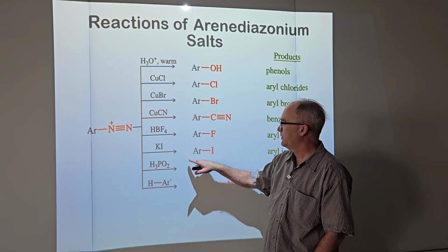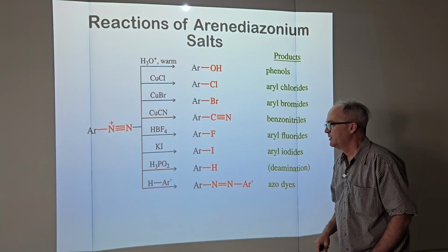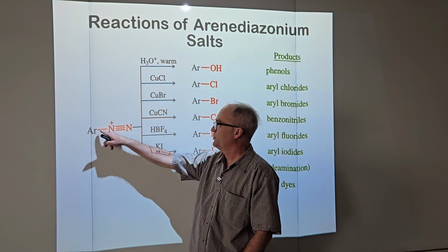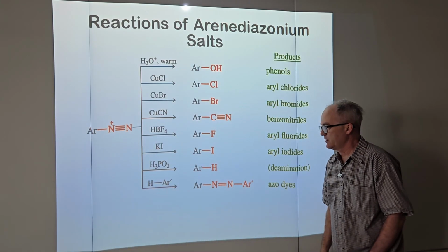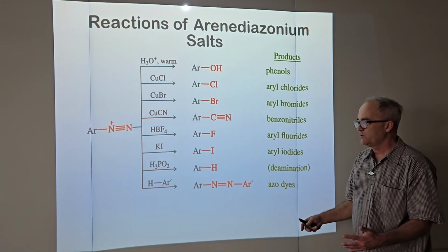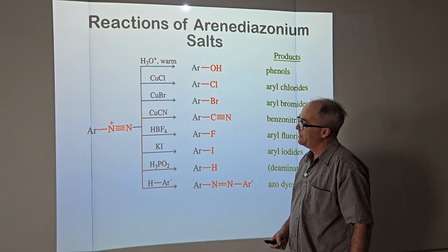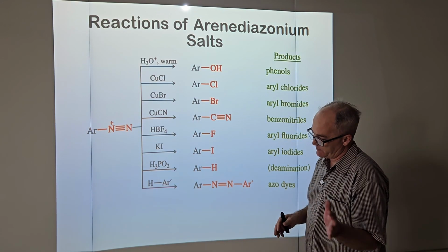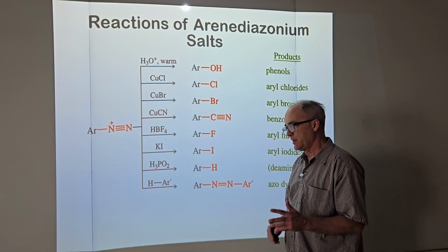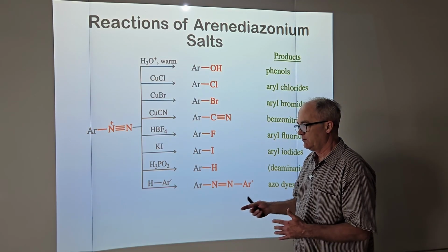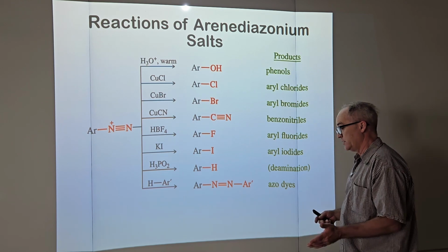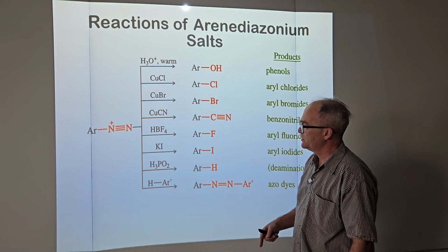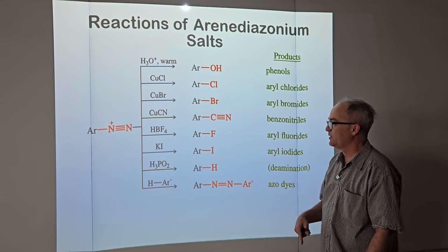All right, here you can hit it with KI, and hypophosphorous acid just puts a hydrogen back on. And you might ask, why would you want to do something like that? Well, you could nitrate something in a position, put some other substituents on, then take it away and get rid of it.